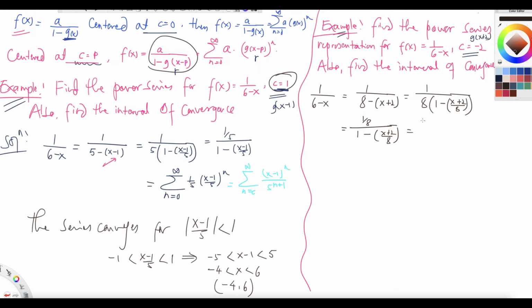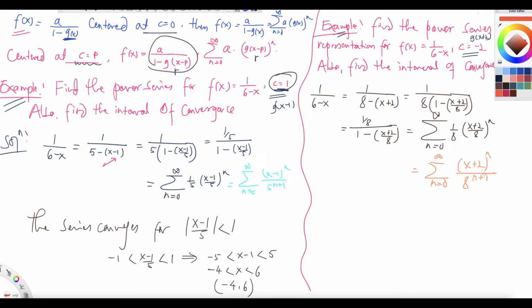So this can be written as the sum n equals 0 to infinity, where a is 1 over 8, and then r to the n, where r will be (x plus 2) over 8. If you want to simplify this, you can write it as the sum n equals 0 to infinity of (x plus 2) to the n divided by 8 to the n, and then times 1 over 8, so it will be 8 to the n plus 1.